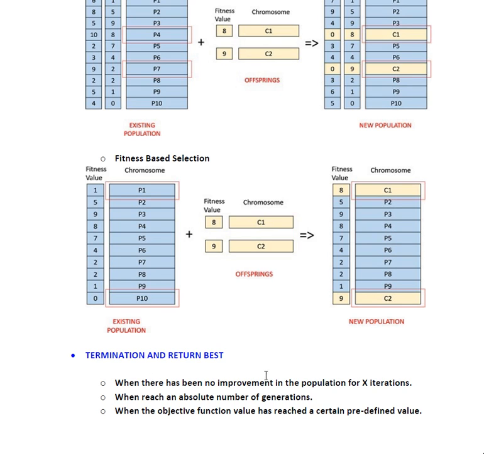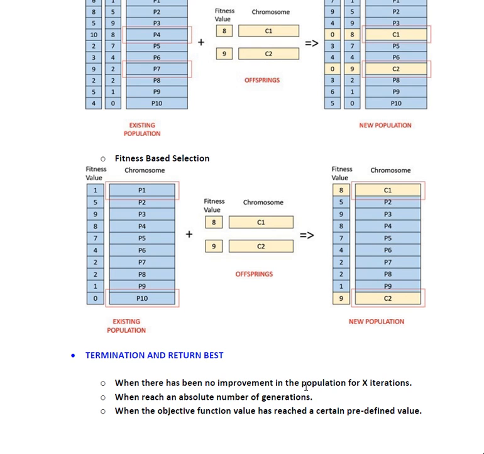We have to see how the genetic algorithm can look for faster and better solutions with a minimum number of iterations, and this trend should show an improvement in the solutions, not just keep on continuing. So the termination happens when there has been no improvement in the population for X iterations.